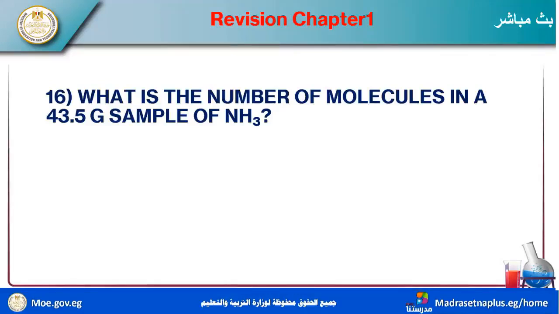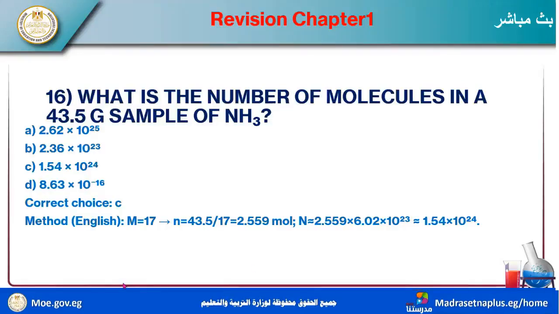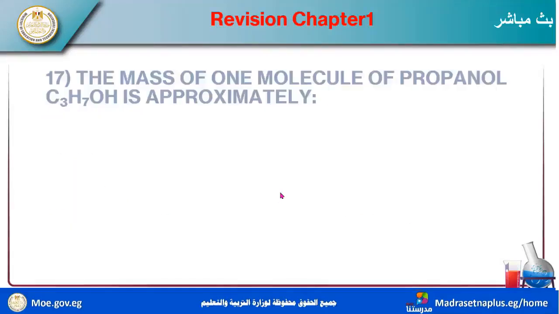So 43.5 divided by 17, the molar mass of ammonia gas, equals 2.559 moles. Now multiply this number by 6.02 times 10 to the power 23. The true answer is 1.54 times 10 to the power 24, which is C.